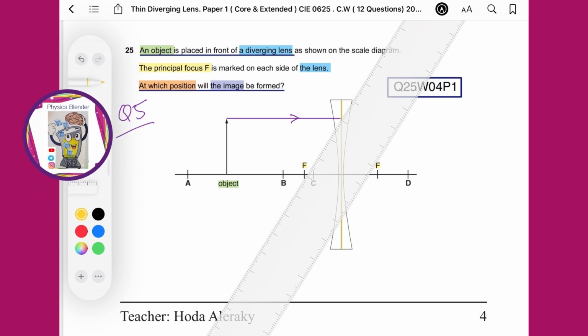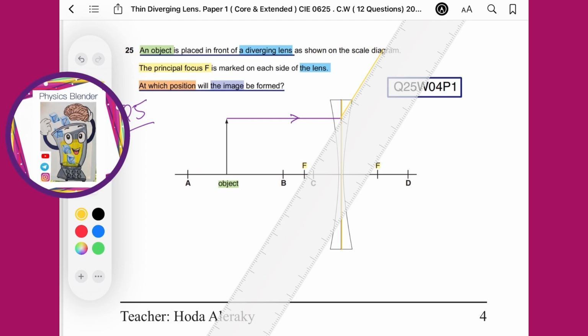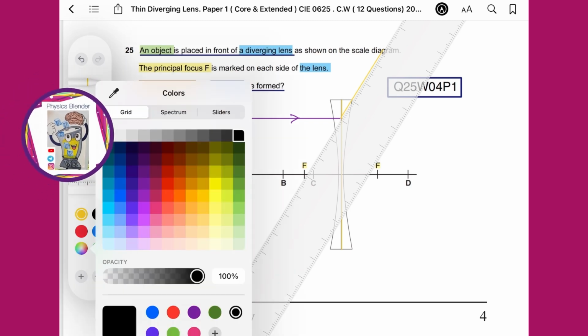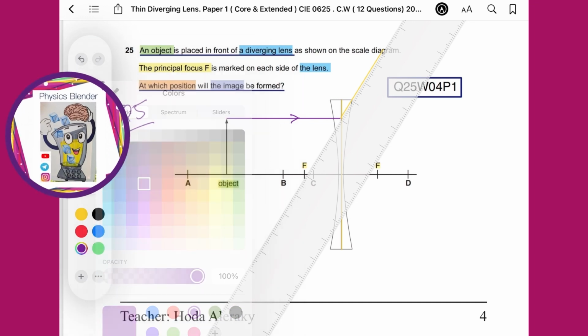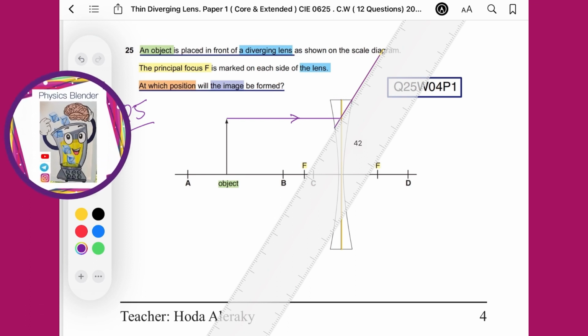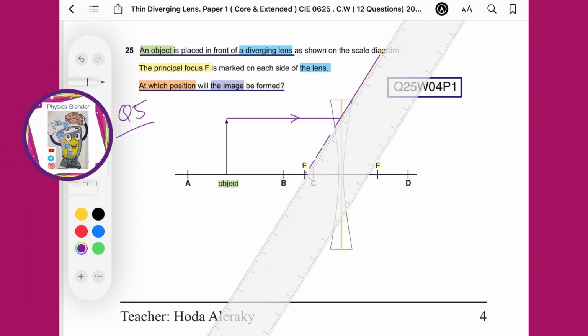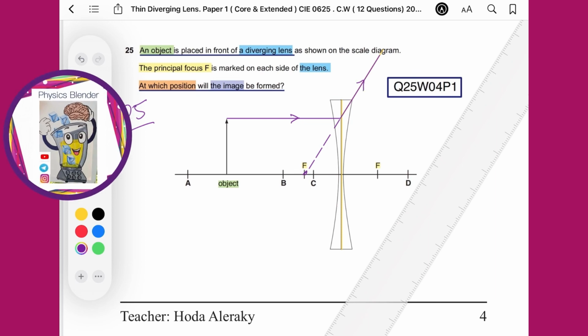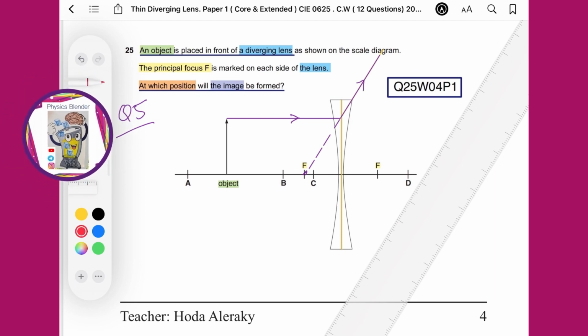So it will diverge and its extension passing through the focus. Is it clear? So this is the first ray. What about the second ray?